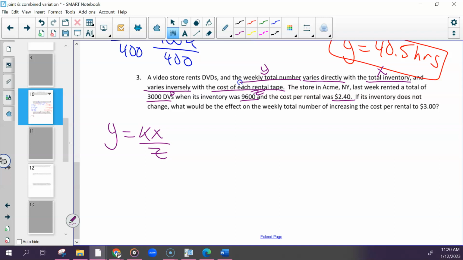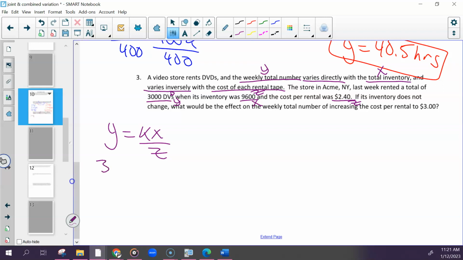Z is $2.40. X is 9,600. That's your Y. Right? So now that we have those 3 numbers, put those 3 into your equation and start solving for k.